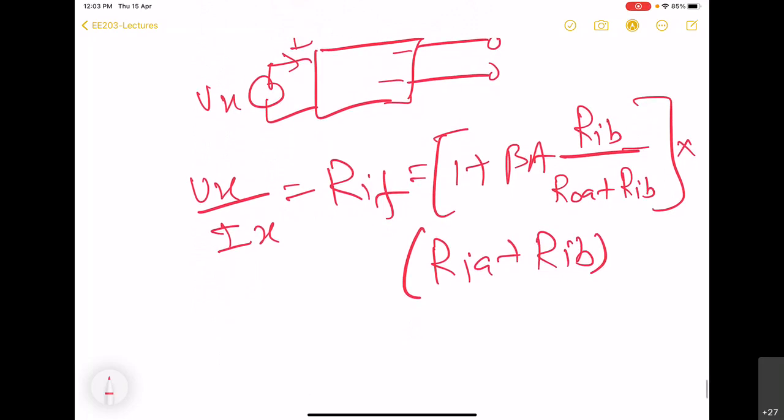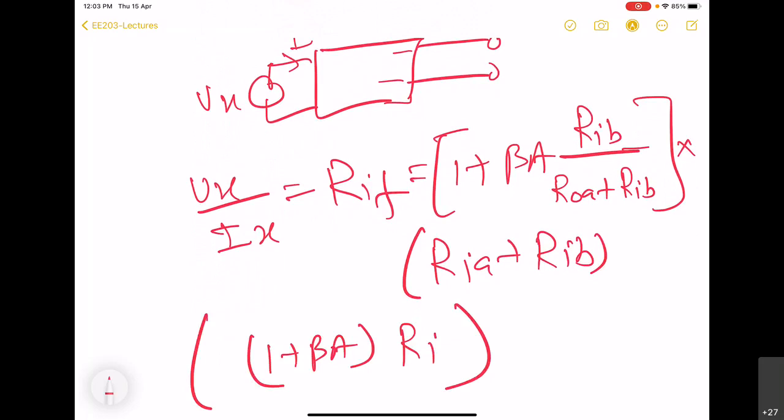Right. So if you recall the previous case, the ideal case, then we had 1 plus beta A into RI. So here we still see that the input impedance or resistance of amplifier is getting multiplied by 1 plus beta A factor, but there is another factor here.